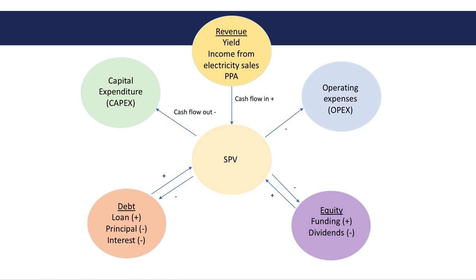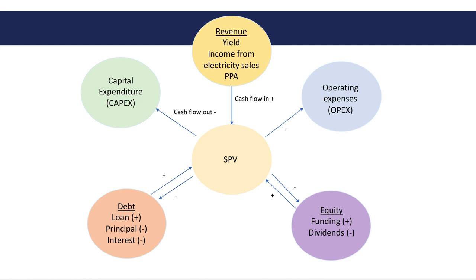So let's have a look at some of these individually. Let's have a look at capital expenditure, which is here. This is the initial cost of the generating equipment, groundworks, grid connection, and so on and so forth. Capital expenditure might be very large, running into millions or even billions, depending on the size of the project.